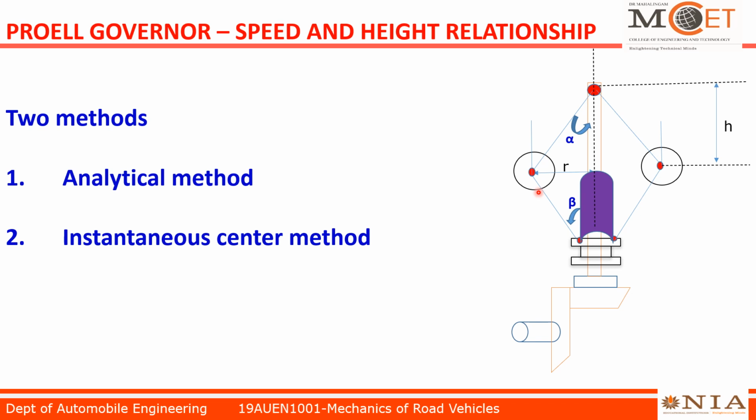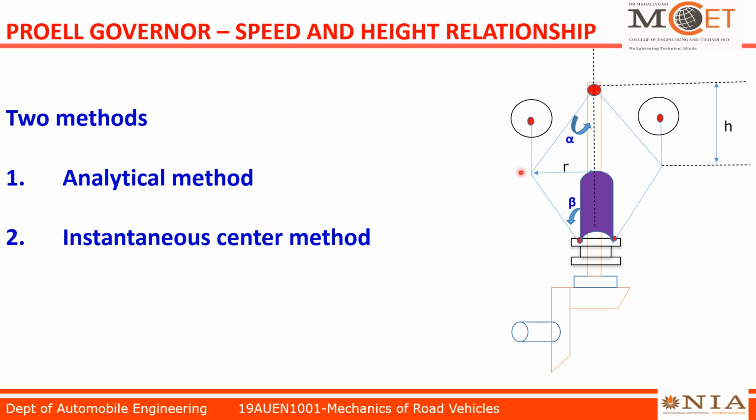But in the Proell governor, we provide some eccentricity from this connecting point, at this level, this distance, we call it eccentricity. We just provide the eccentricity to the fly ball, it comes here.